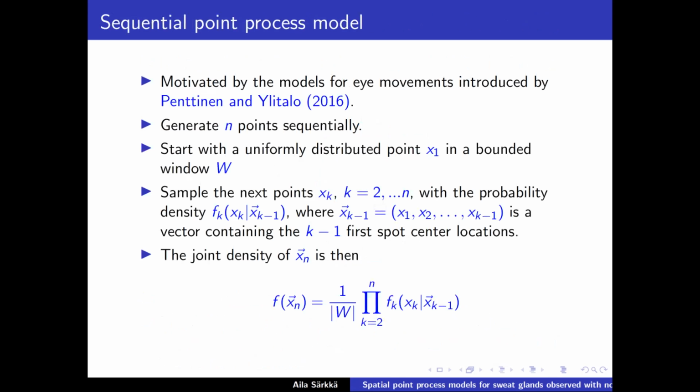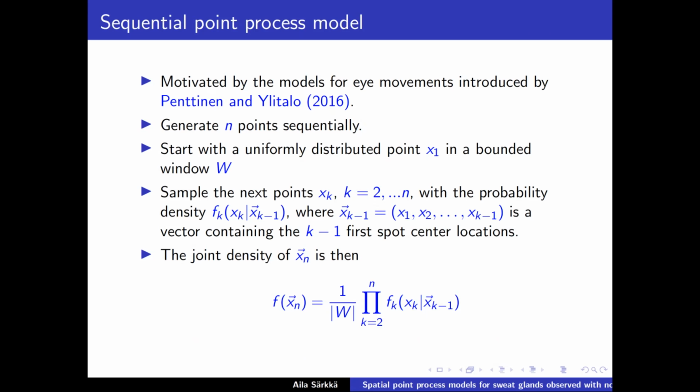And that's why we decided to use the so-called sequential point process models. And the way we define them, we follow the definition by Antti Penttinen and Hanna-Kaisa Ylitalo, who suggested these models for eye movements. So what they do, you have the number of sweat glands in our case that have been activated, and we know that.